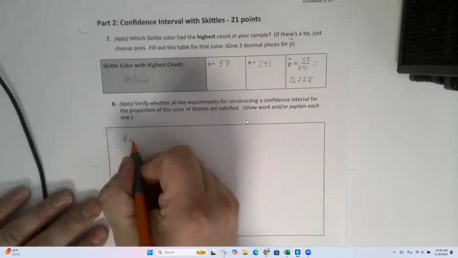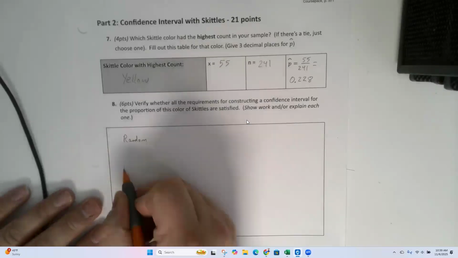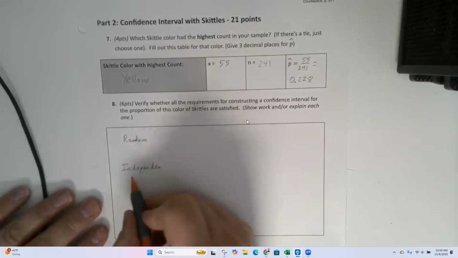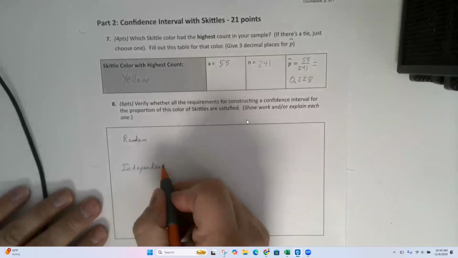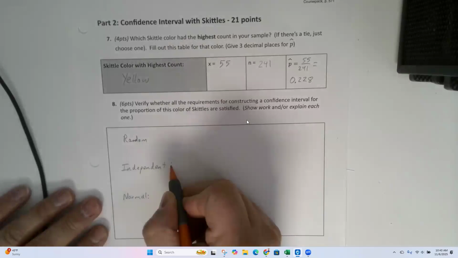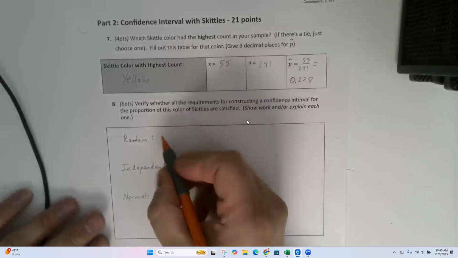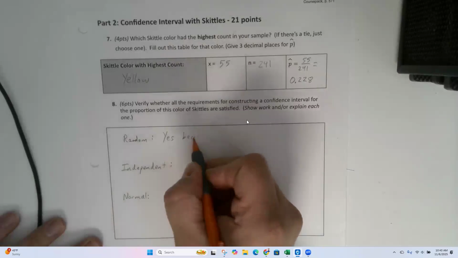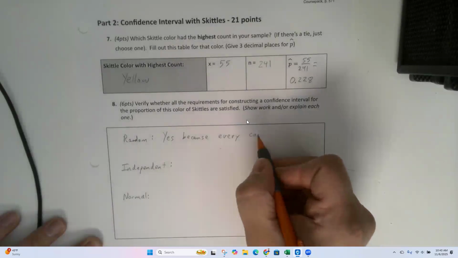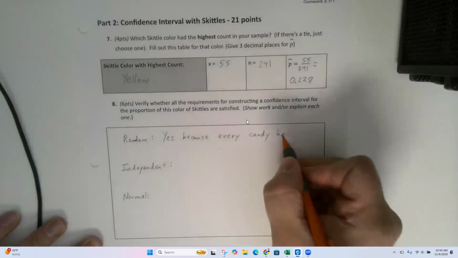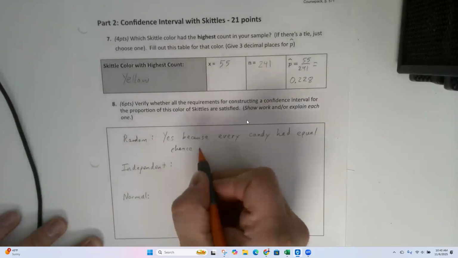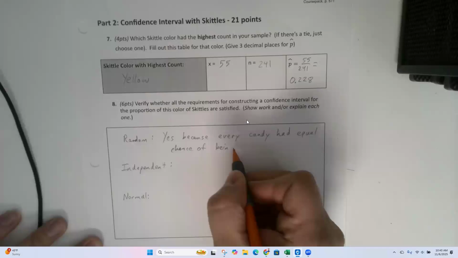Verify all the requirements for constructing a confidence interval for the proportion are satisfied. So again, check if it's random, independent, and normal. Random, yes, because every Skittle had an equal chance of being in my sample.